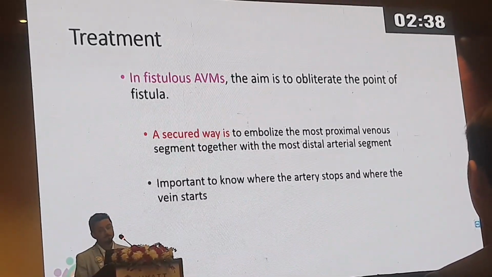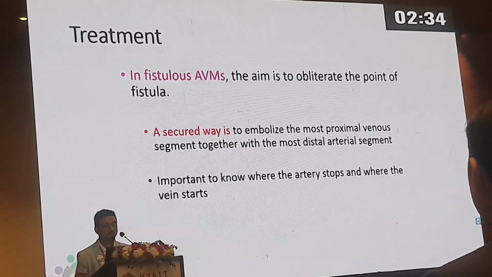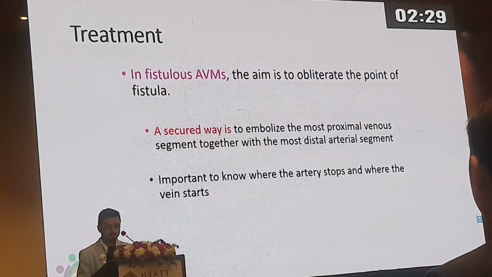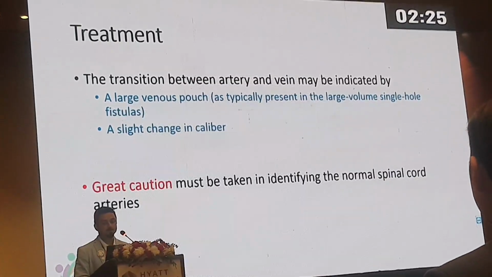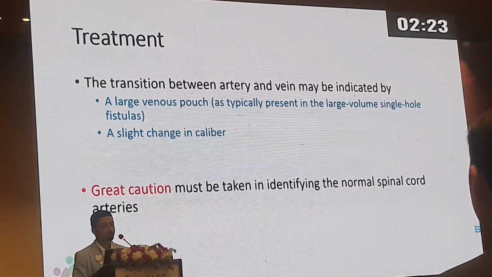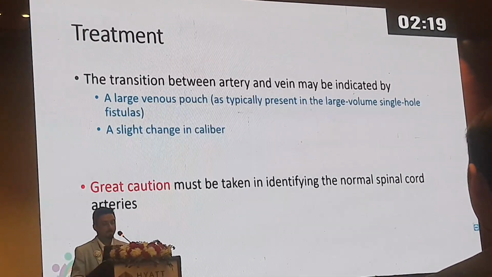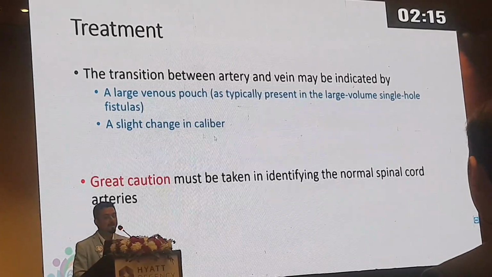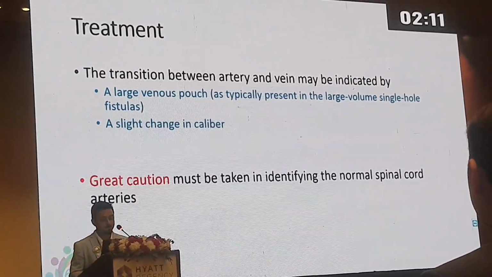That's why it's important to know where the artery stops and the vein starts. How do we find it? The transition between artery and vein may be indicated by a large venous pouch, typically in large volume shunts, and in low flow shunts there's a slight change in the timeline of the transition from the artery to the venous side.